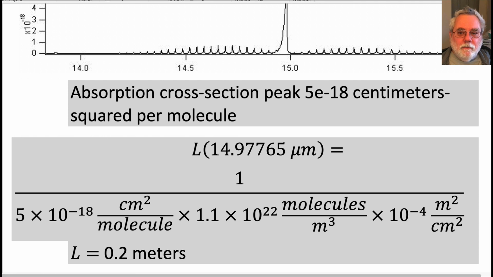An absorption length of 20 meters, 100 times higher, corresponds to an absorption cross-section of about 5 by 10 to the minus 20 centimeters squared per molecule. And that's about 4 to 6 times smaller than the smallest peaks visible on the graph.